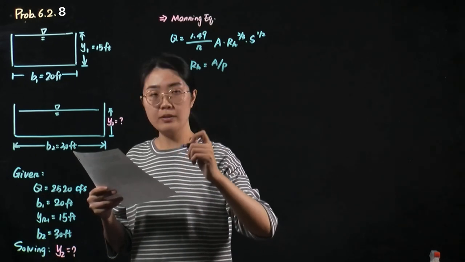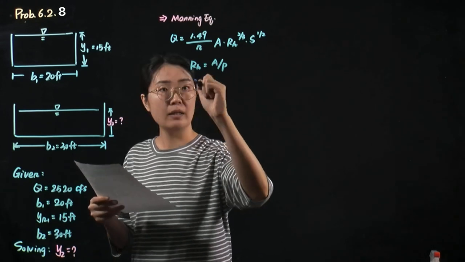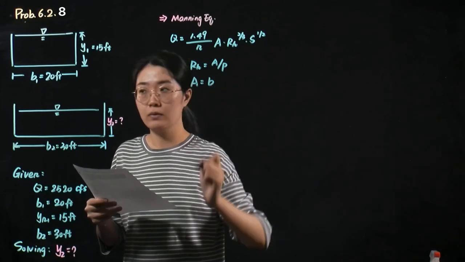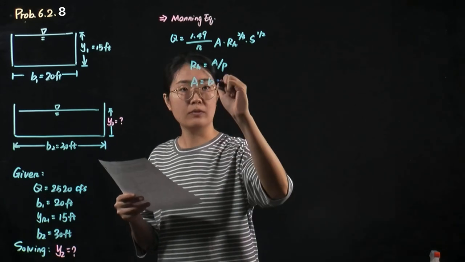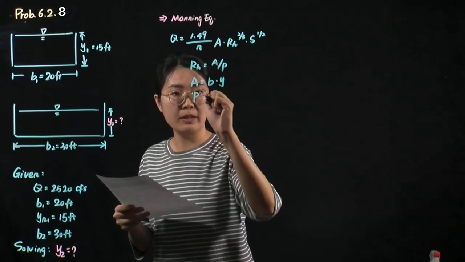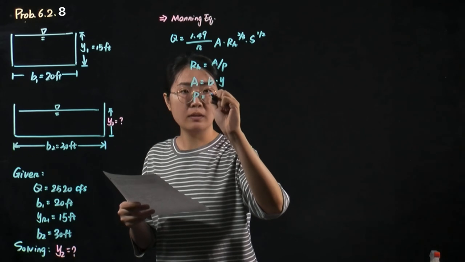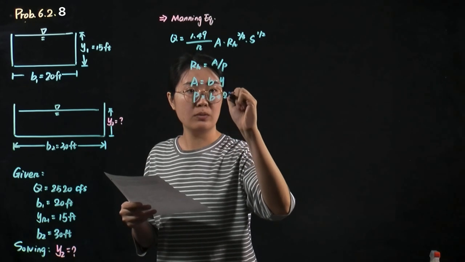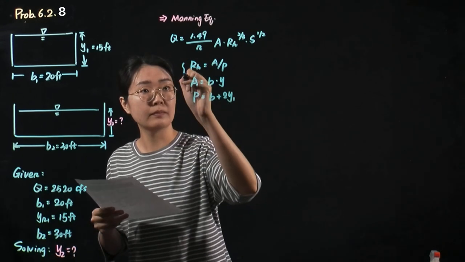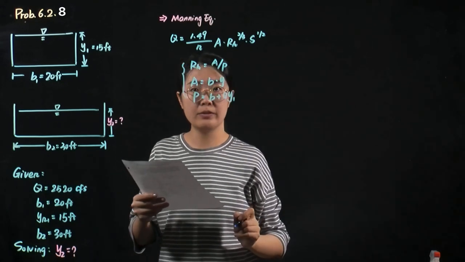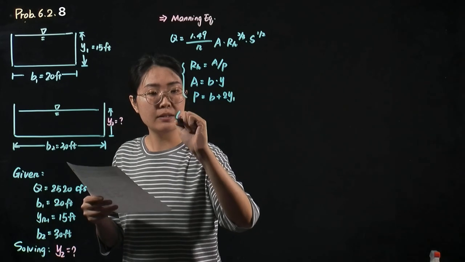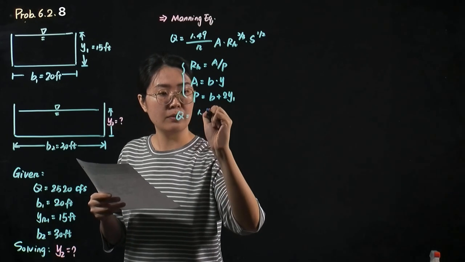And because it is a rectangular channel, its area equals the bottom length times the height, and its wetted perimeter equals the bottom plus 2 times the height.